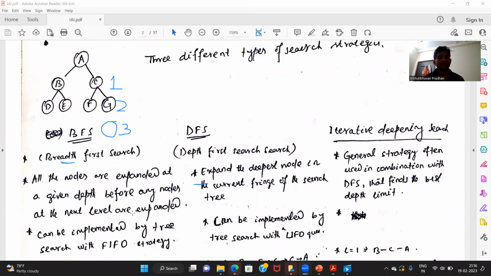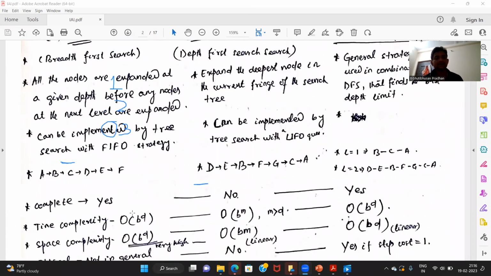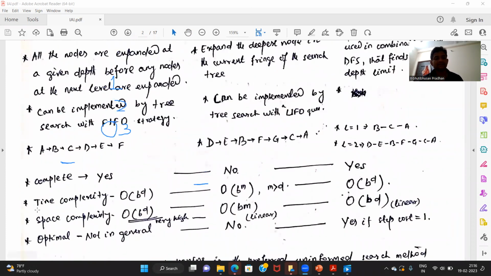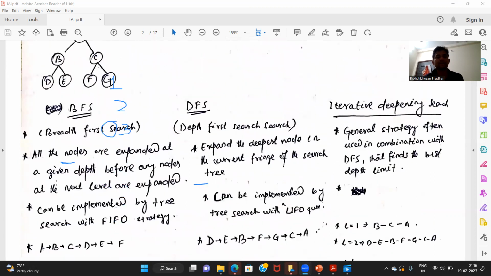So what are the advantages and disadvantages? They are these: whether it is complete or not, what the time complexity is, what the space complexity is, and whether it is an optimal strategy or not. Depending upon these four criteria, we can say whether this is an efficient searching strategy or not. For example, what do we mean by complete here?